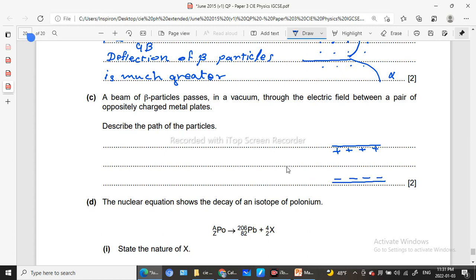Now the beta particles, when they enter this region, are deflected towards the positive plate because the charge of a beta particle is negative.